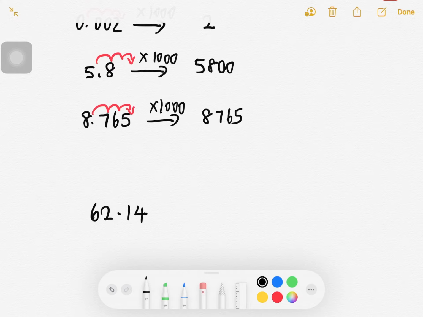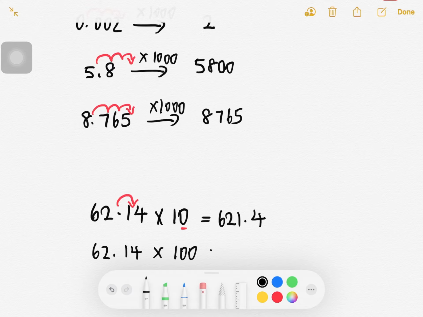When I multiply by 10, 10 has a 0, so I shift 1 place value to the right, and I will get 621.4.